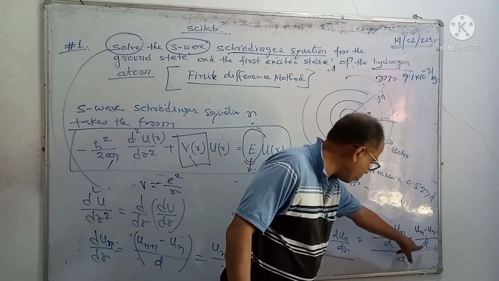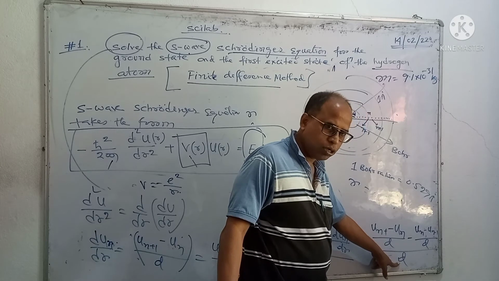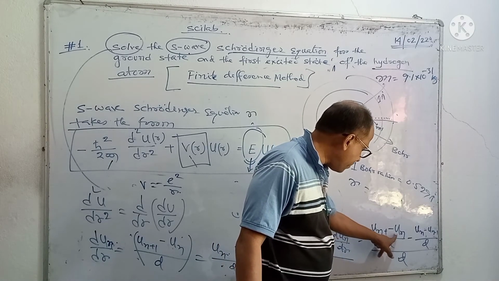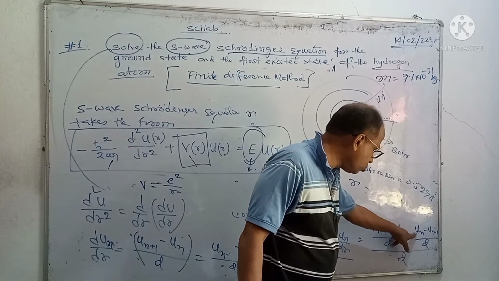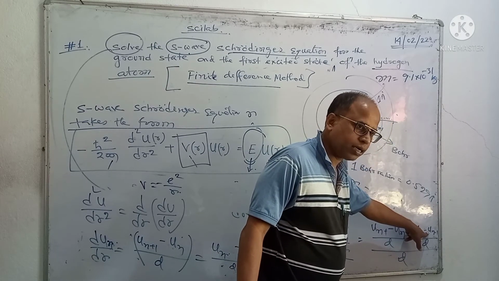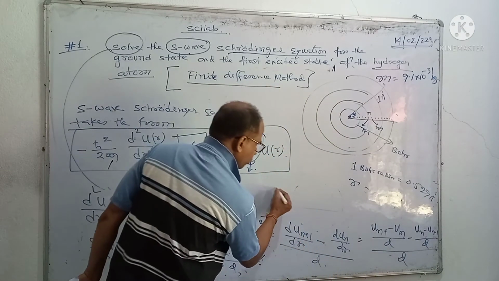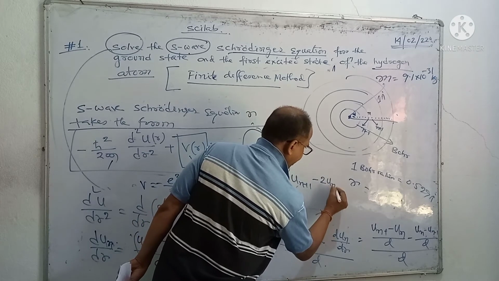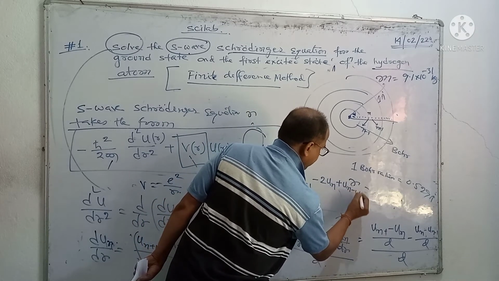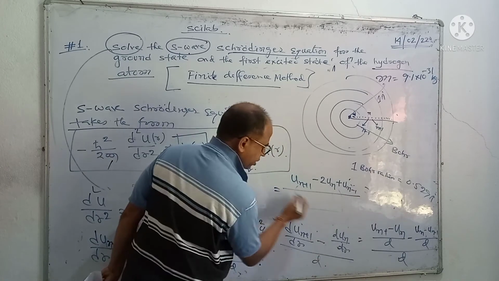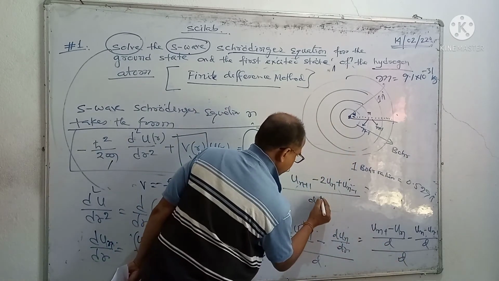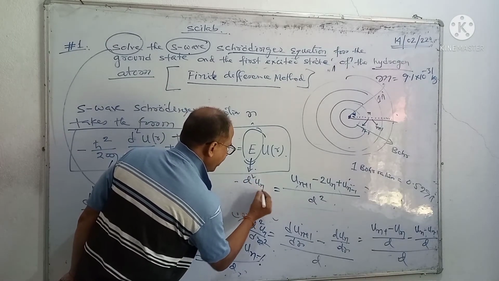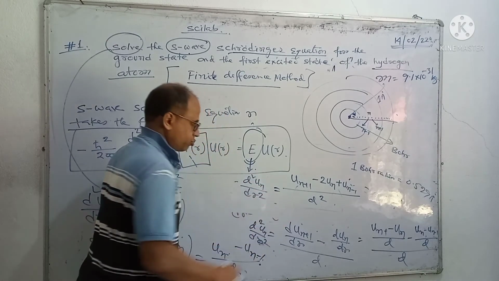Therefore d is common, d will go down, therefore d square. Next is un plus 1 minus un plus un minus 1. Therefore, this is equal to un plus 1 minus 2un plus un minus 1 divided by d square. This one is your d2un by dr square.